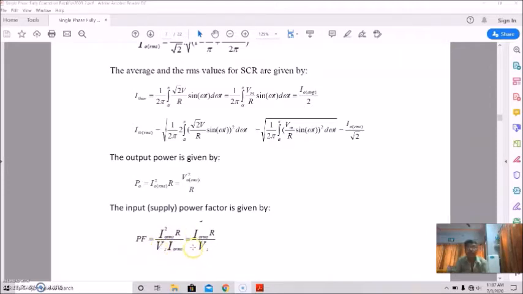So that will be like this, I RMS squared R divided by the input.